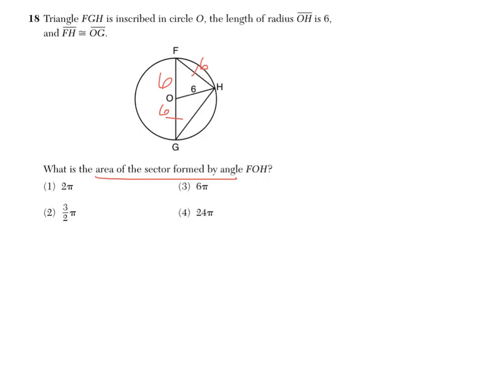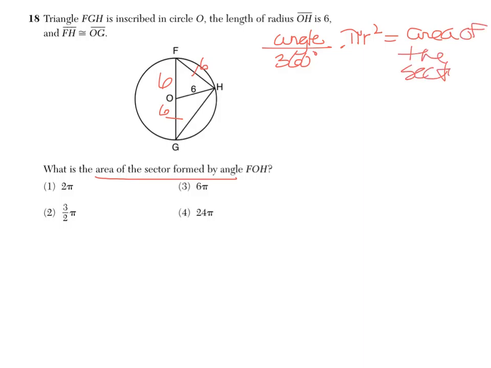Okay, so in order to find the area of the sector, it's the angle measure divided by 360, that's the whole, times the area of the entire circle, pi r squared, and that's equal to the area of the sector.